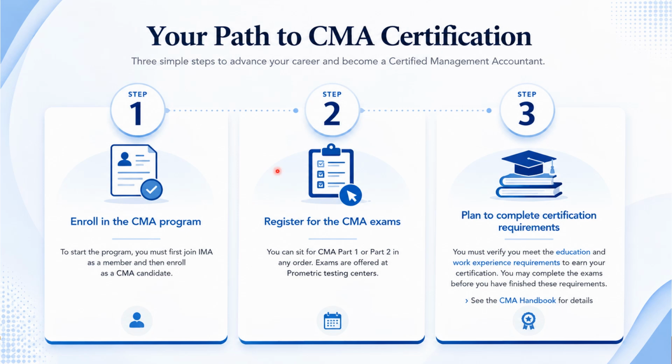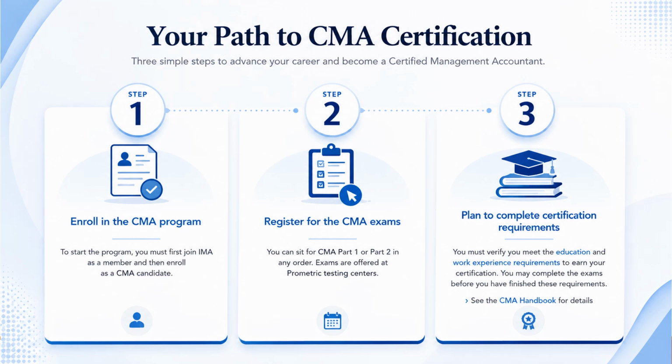And the third step is, once you pass both part 1 and part 2 exams, you can apply for the CMA certification. For that, there are two main criteria you have to meet. The first is that you should have a graduation certificate or an equivalent professional certificate, the details of which you can find in the CMA handbook, available on the IMA website.